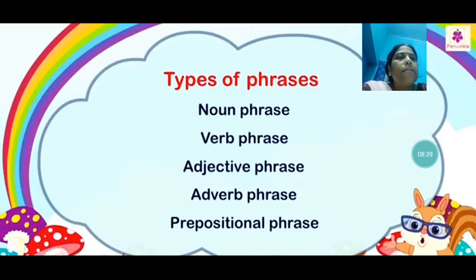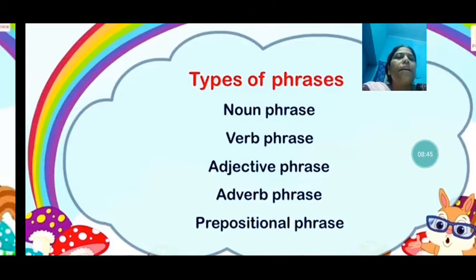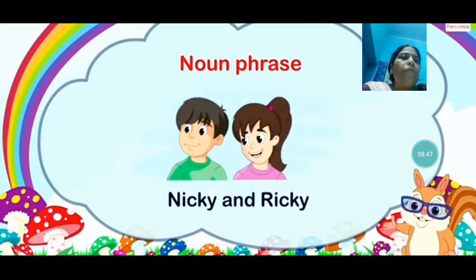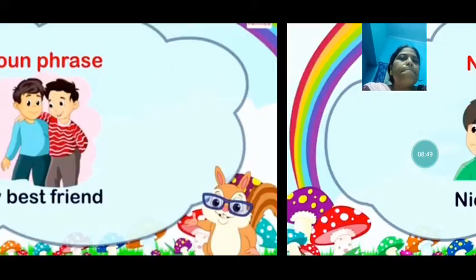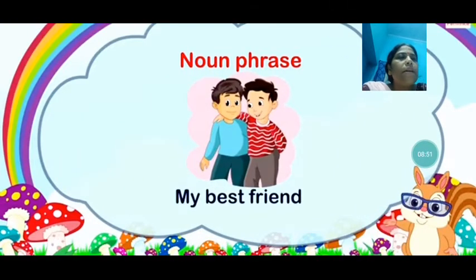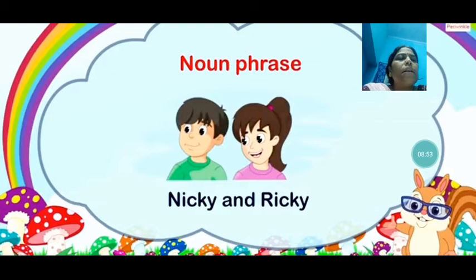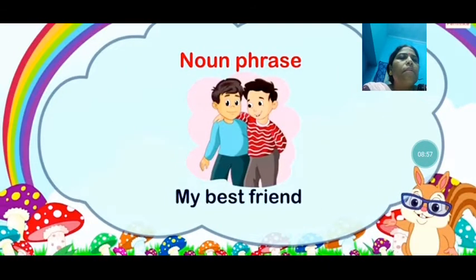So there are types of phrases: noun phrase, verb phrase, adjective phrase, adverb phrase, prepositional phrase. Like see, noun phrase: Nikki and Ricky. Noun phrase: my best friend. Here Nikki and Ricky, they are names. So noun phrase, my best friend.